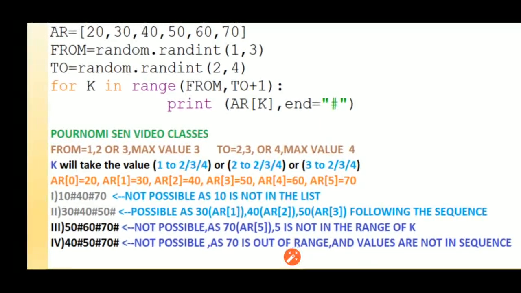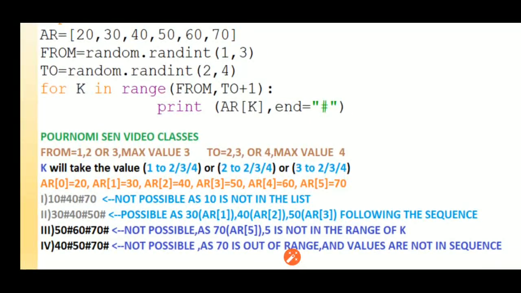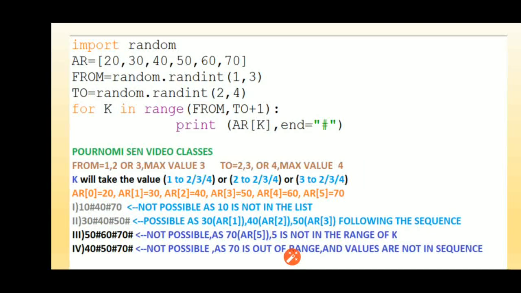Okay, so this is how you have to solve this kind of output question from random numbers. It's a very, very frequently asked question. You can expect that you will get one question like this. So please try to solve this kind of random number question. There are many sample papers available on the net.